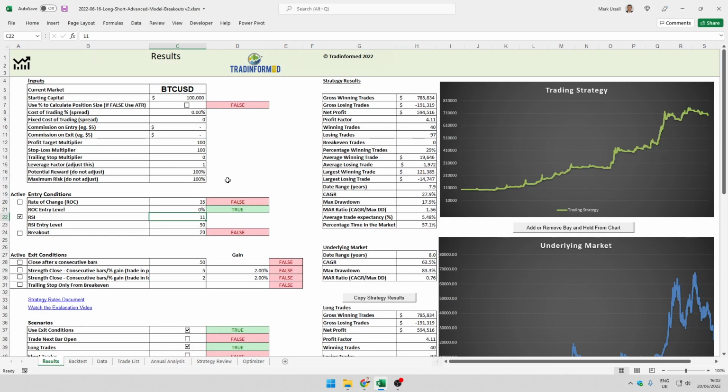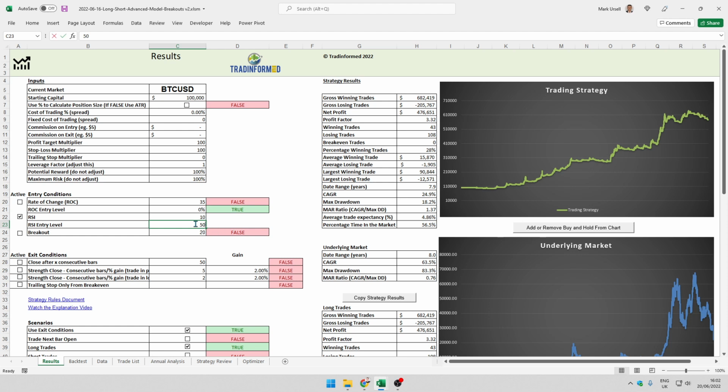RSI, very common momentum style oscillator. Again, we're looking for this to be strengthening. So I've got the entry level behind. We're looking for the RSI to cross above the 50 line. So I can adjust this 8, 9. We can adjust this, and we can see again the results adjust in real time here.